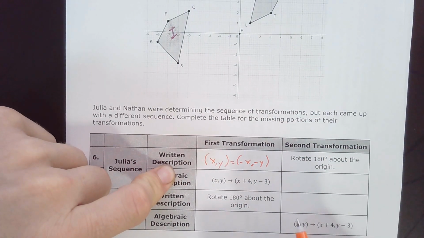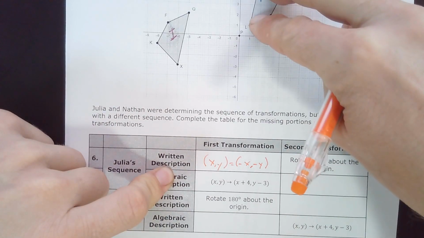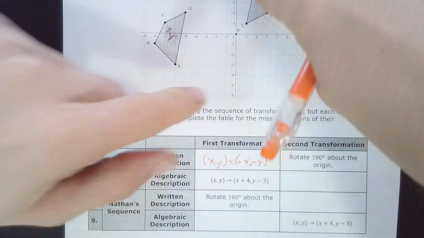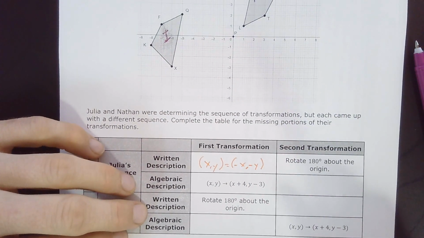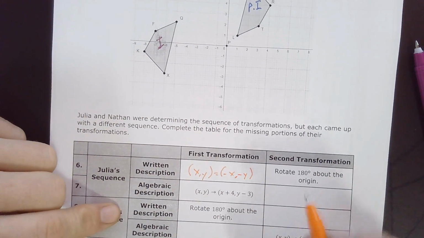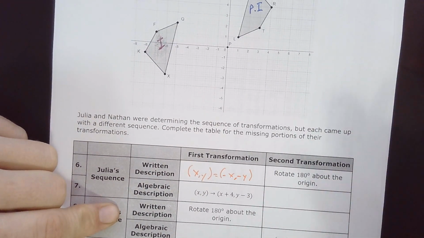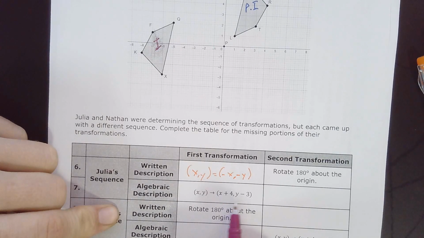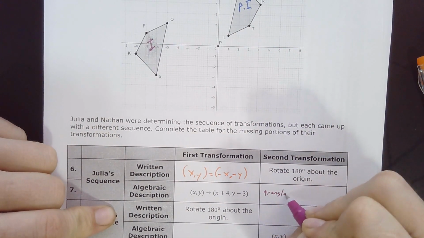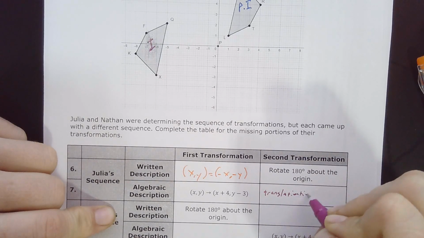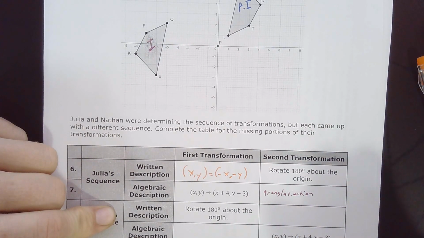So that makes sense. That means this is going to end up over here and rotated, right? And then this is a translation. Anything with a plus and minus in there, that's an obvious translation.